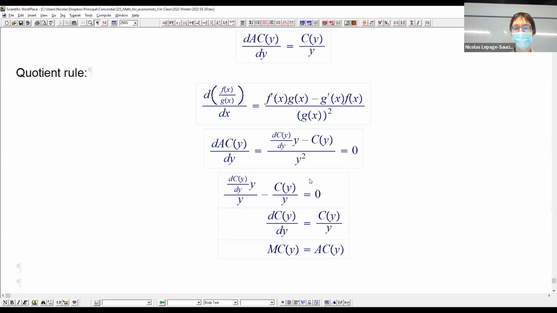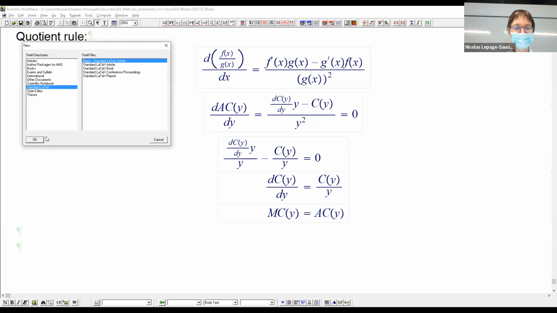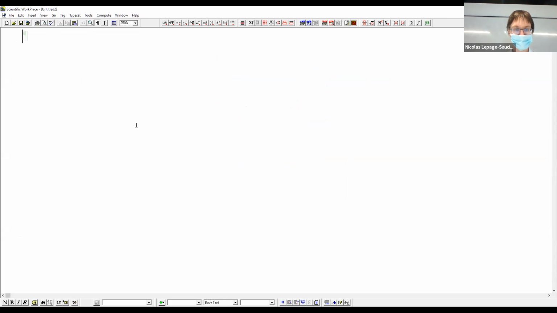So we found that if we find some y value such that the derivative of the average cost with respect to y equals 0, then this is going to be true. Maybe I can refresh your memories by showing you a picture of what that looked like.